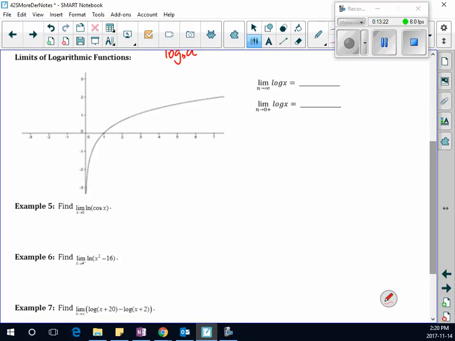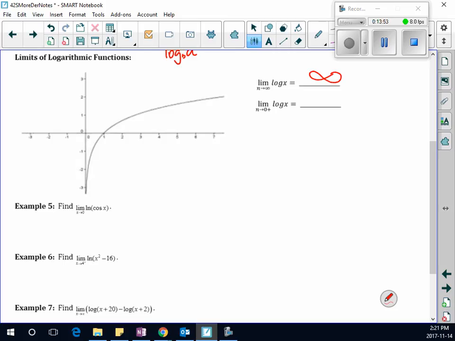So here's a graph of a logarithmic function. Do you remember this? So what is the limit as x goes to infinity of log of x? Infinity, yes, thank you. It's increasing, right? It doesn't look like it's increasing that fast, but it's increasing. Shouldn't that be x approaching?